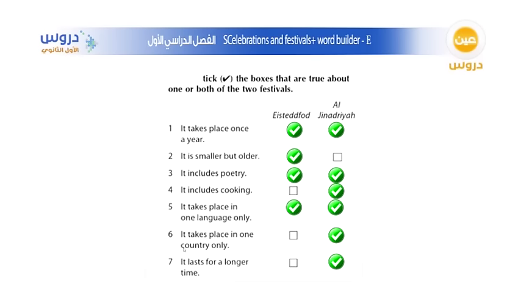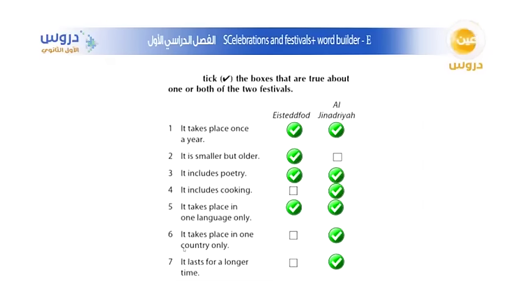Let's ask Mr. Computer. So, we've got both. In number 1, it takes place once a year. And number 2, Eisteddfod, that's smaller but older. And also here both, which is number 3, it includes poetry. That's good. Do you like poetry? I guess so. Oh, you don't like poetry. Boring. All right.